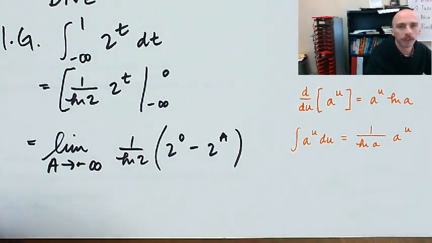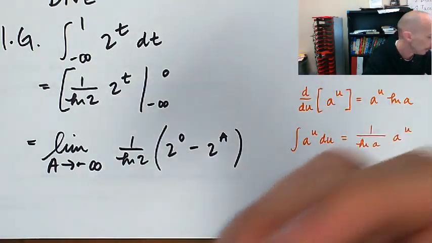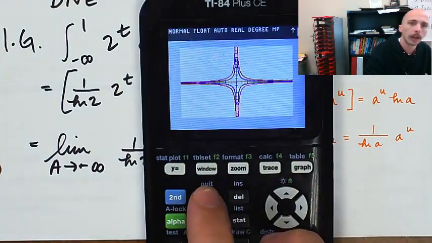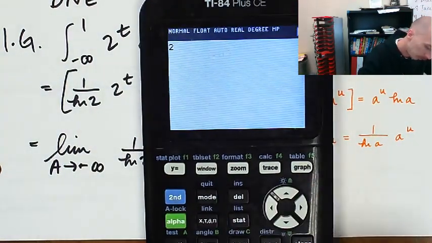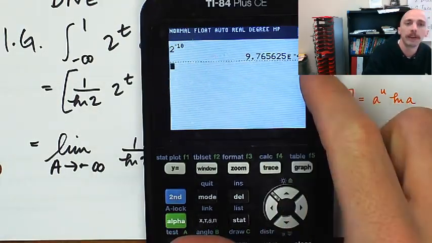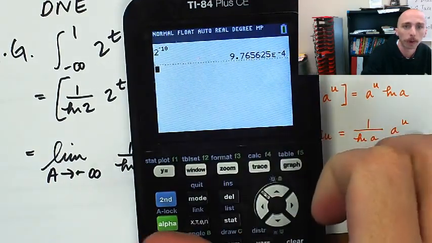Now, as a approaches negative infinity, let's think about what's happening to 2 to the a. 2 to the negative 10 is 1 over 2 to the 10. It's already a pretty small number. Let me show you that. 2 to the negative 10 is 9.76 times 10 to the negative 4. That's very small.